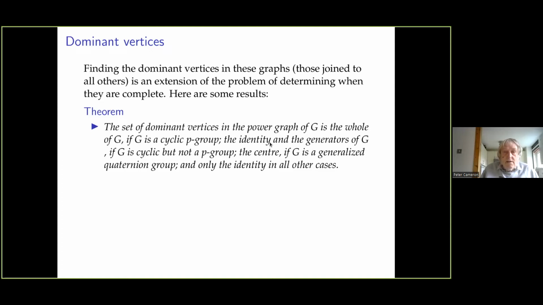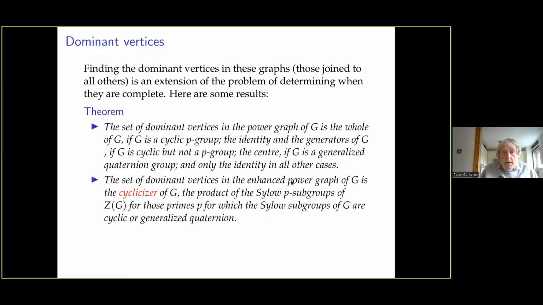The identity is still joined to everything, but the generators of G are also joined to everything, because if you take a generator of G and any other element, they will generate a cyclic group. If G is a generalized quaternion group, then the dominant vertices are the two in the center, the identity and the unique non-identity central element. In all other groups, only the identity is dominant.